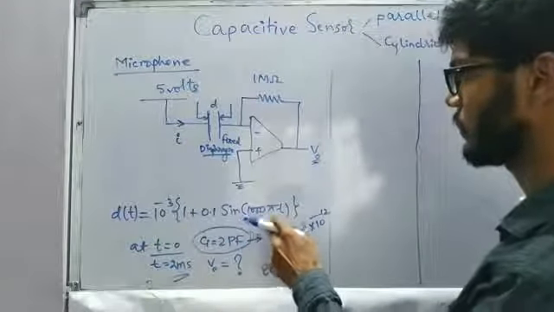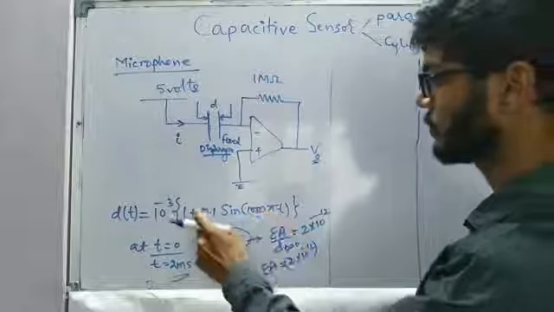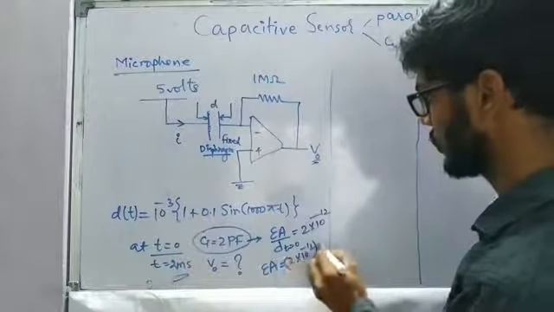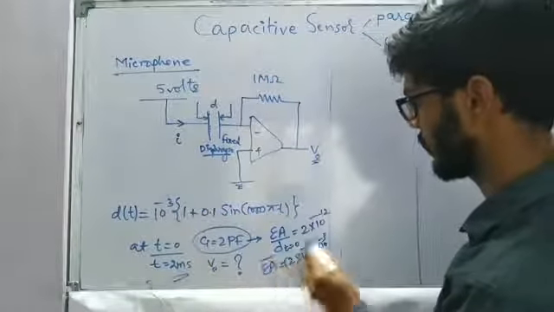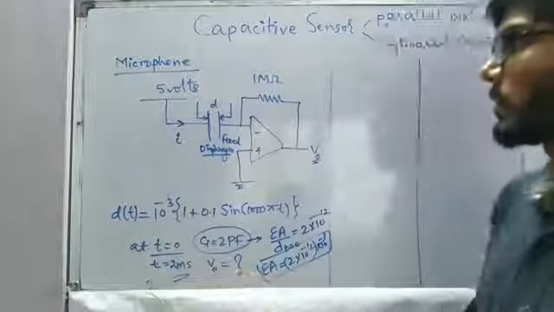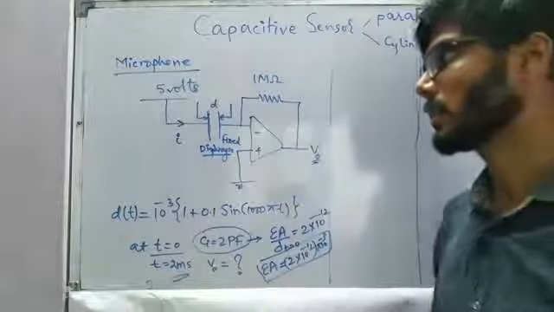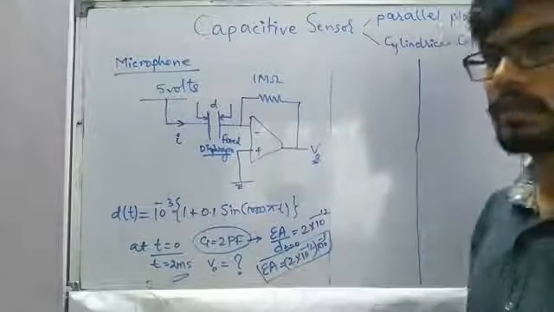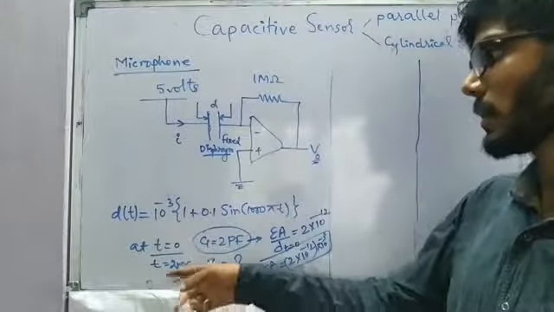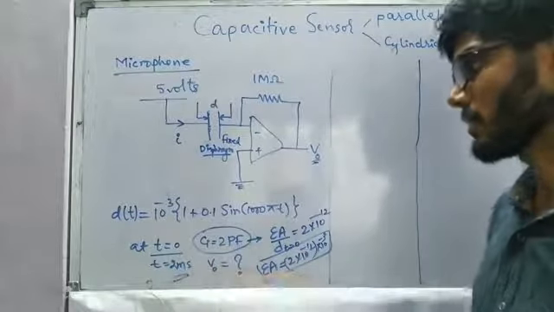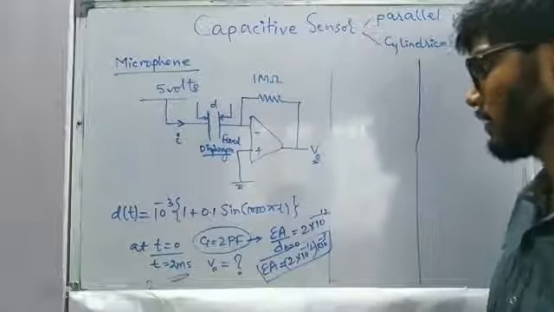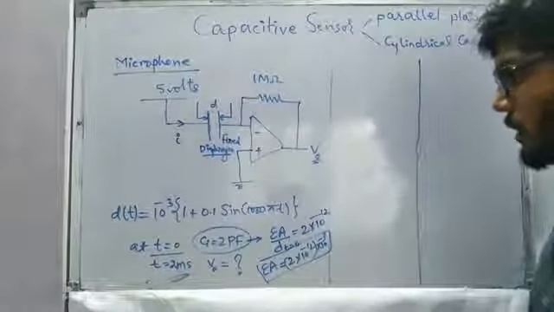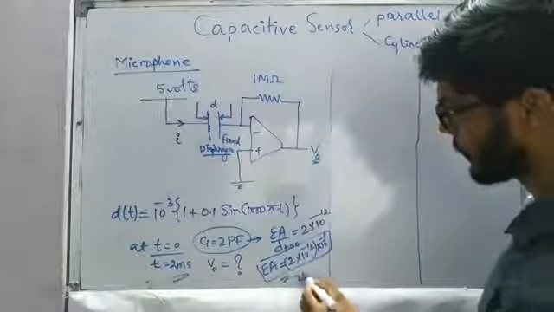At t equal to 0, sin 0 is 0, so this is going to come out as 10 to the power minus 3. This data is given because we don't have any idea about the relative permittivity of the medium, and also we don't have any idea about the area. So that's why the initial capacitance of 2 picofarad is given at t equal to 0. So we have epsilon A equal to 2 into 10 to the power minus 15.